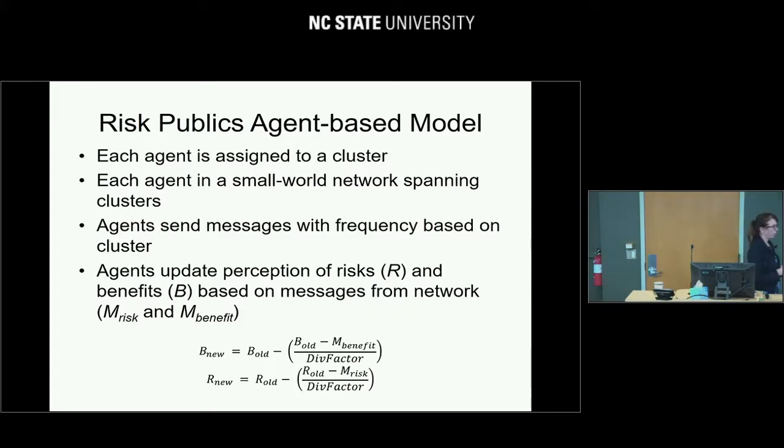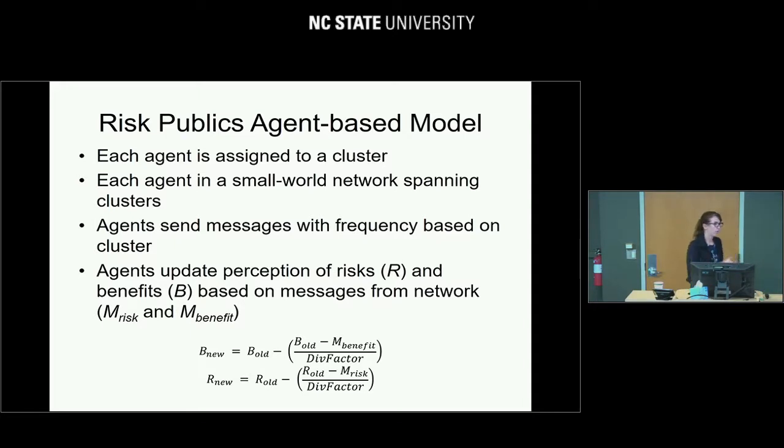So we wanted to convert this theory of risk publics to an agent-based model where we can look at how opinions are changing over time as agents talk about water reuse.